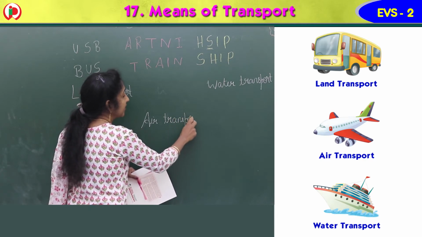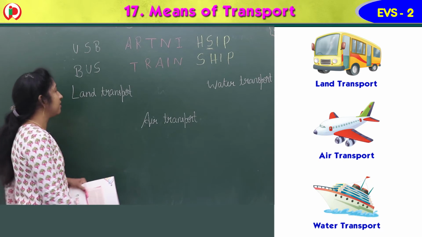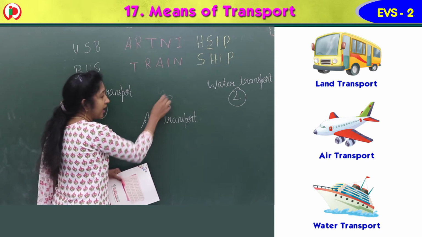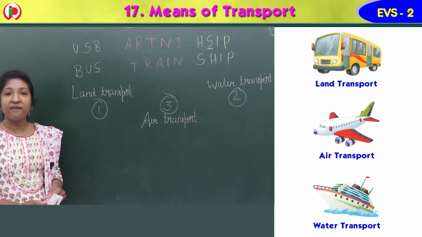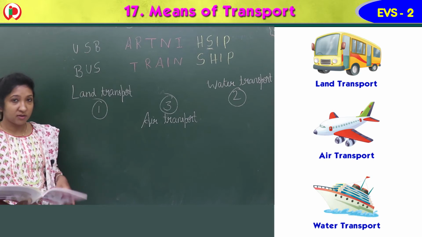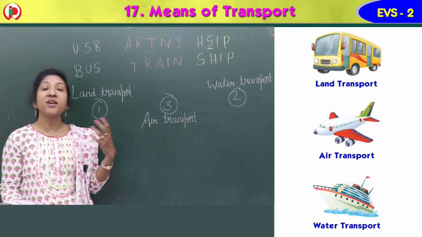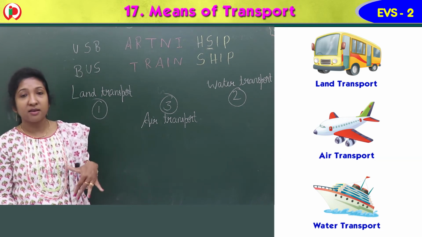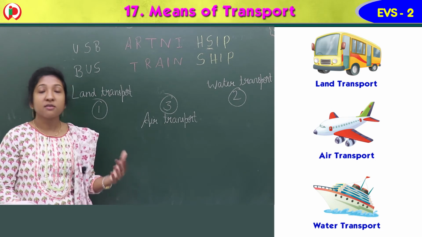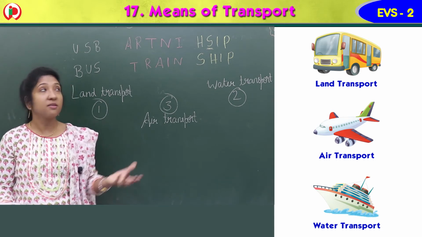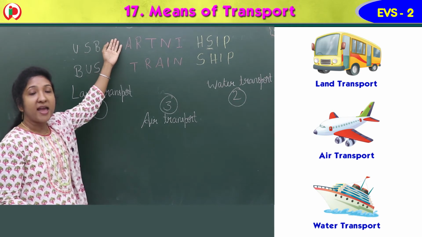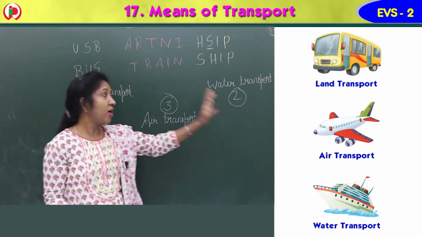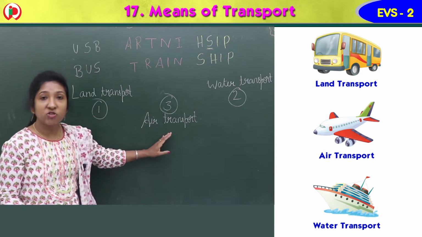These are the three types of transport: land transport, water transport, and air transport. People use different vehicles to travel from one place to another, and these vehicles are known as means of transport.